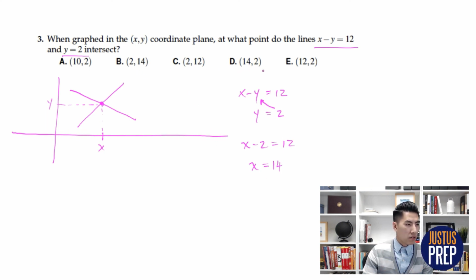All of these ordered pairs, remember ordered pairs are in the form x comma y. So wherever there's a 14 in the x value, which would be right here, this one is in the y. None of the other answer choices have a 14. So it wouldn't be these answer choices. And since this is the x, answer here will be D.